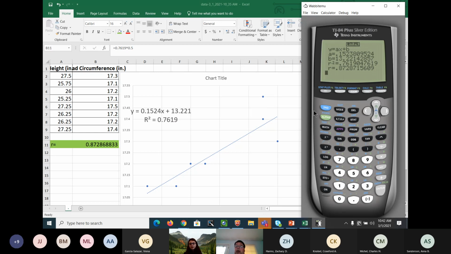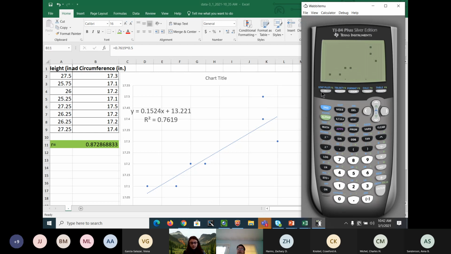Let's check the chart plot. Second, stat plot. Plot on, hit enter, and hit graph. Can't see it? Hit zoom 9. There's your plot.